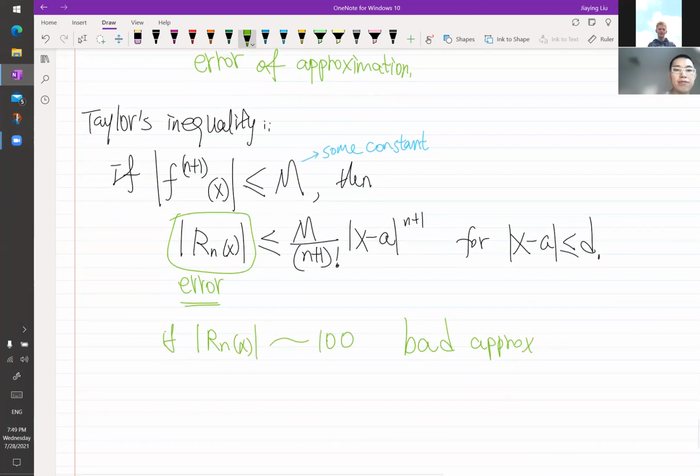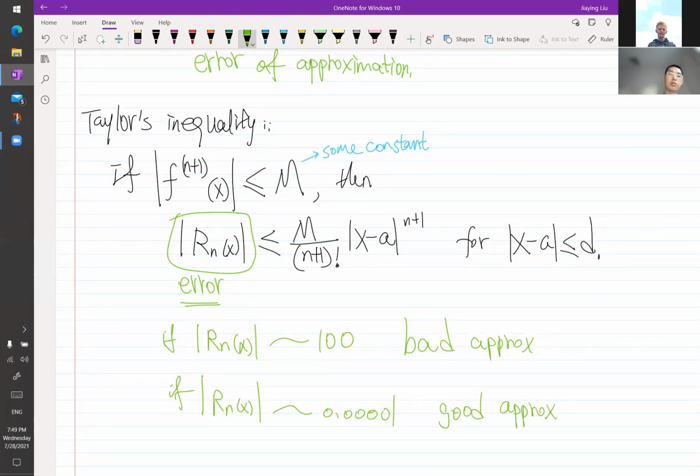But if the remainder value is very small, like 0.00001, that's actually a really good thing, because that means the nth degree polynomial we pick and the actual function are so close together. They're basically on top of each other, right? So this will be a good approximation.